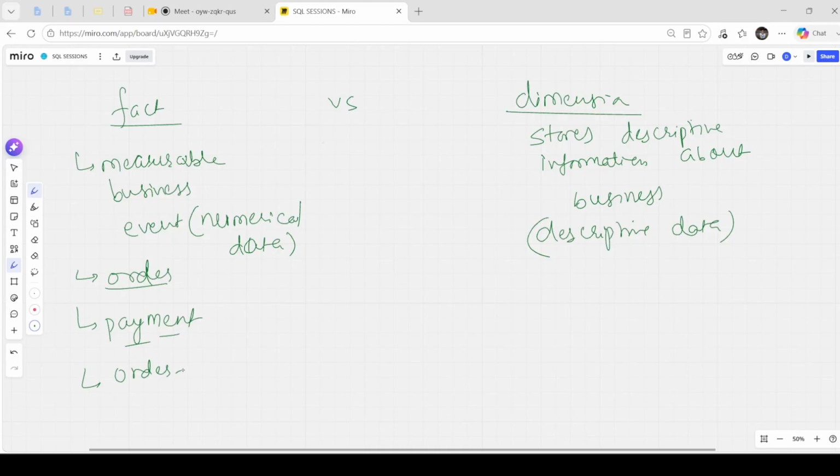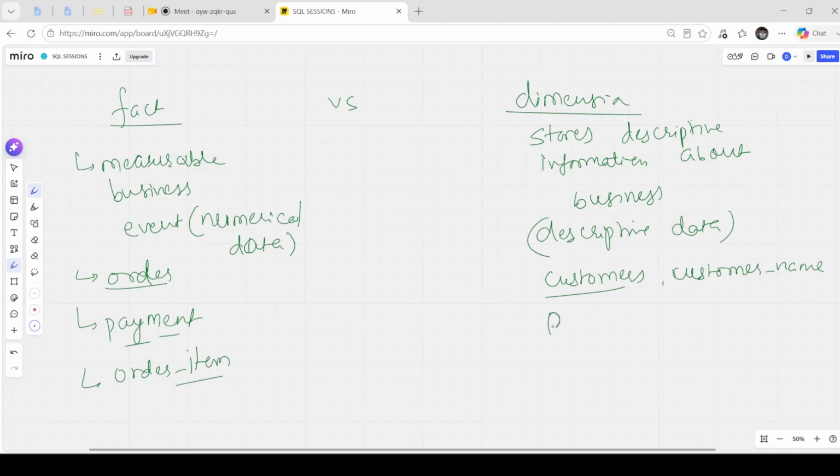Order items we can also put in the measurement because it's going to give me how many quantities were placed and what was the amount, right? But here let's understand, here we can say all the data related to description. Let's take an example, the customers table. Customer name is giving me information about the customer, right? It is giving me information about a column.